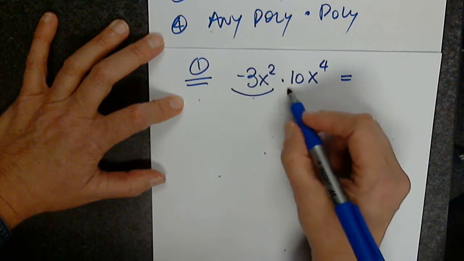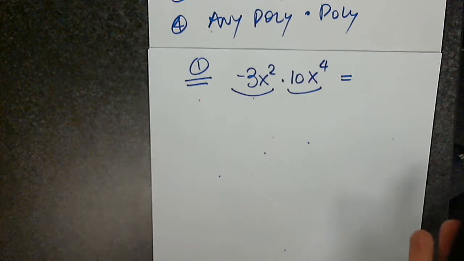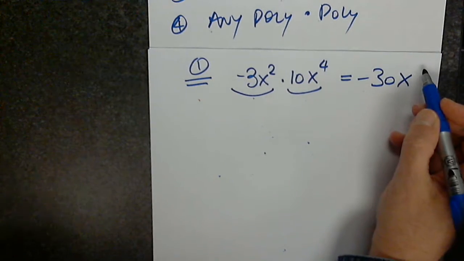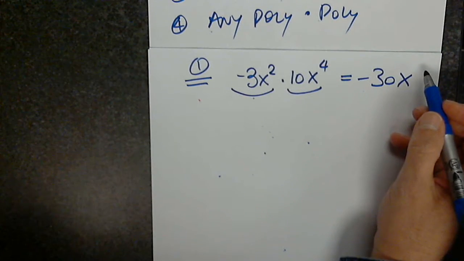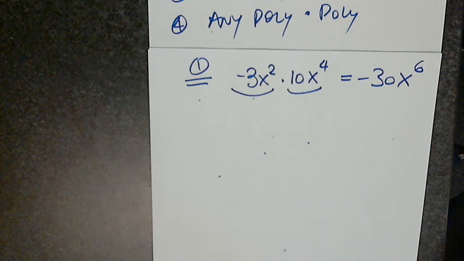This is one monomial, this is a second monomial, and how do I multiply them? So what do I write? Excellent. X to the 6. Copy the base and add the exponents.